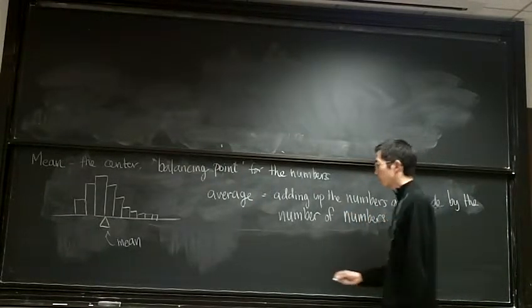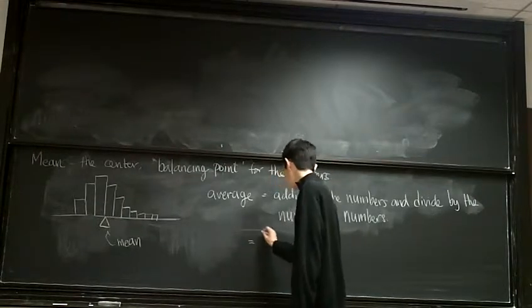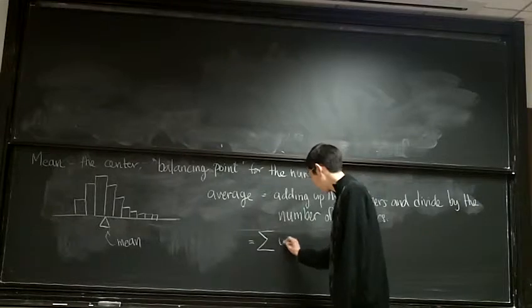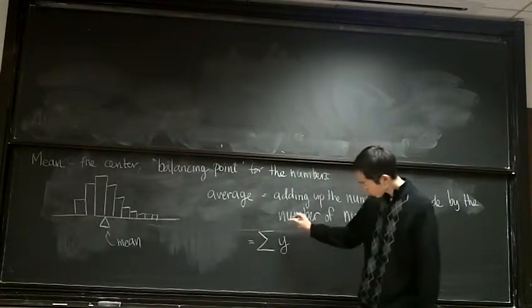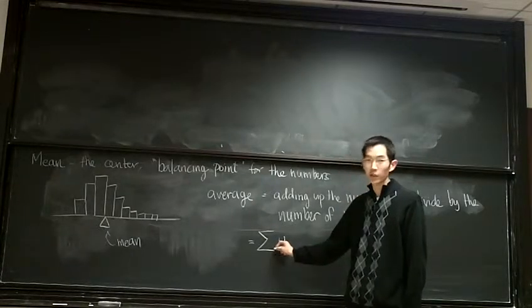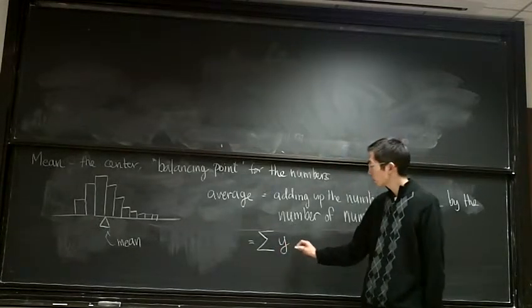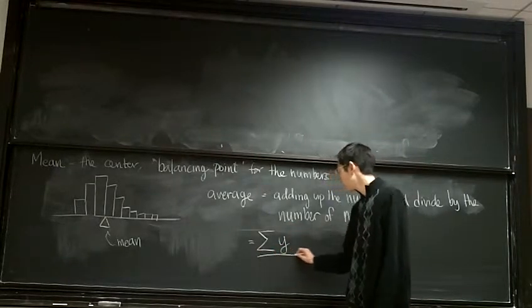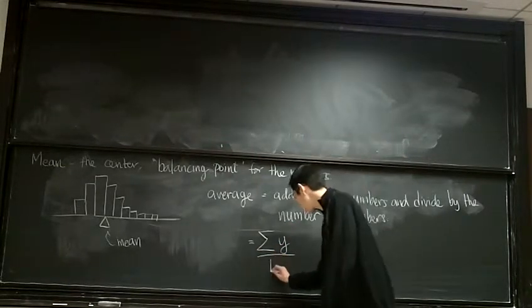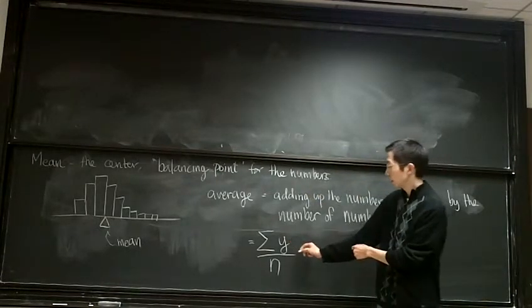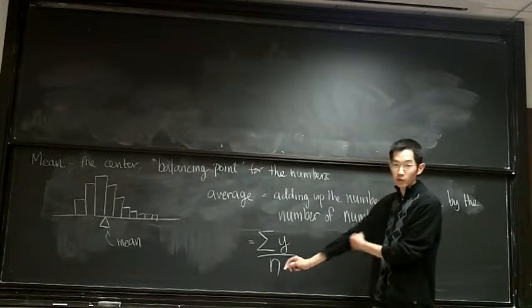The formula you might see for this uses this symbol, which looks like a sideways M or an E almost, but it's actually the capital letter sigma, which means sum, or add up all of your different y's, and then divide by n, the number of numbers you have.